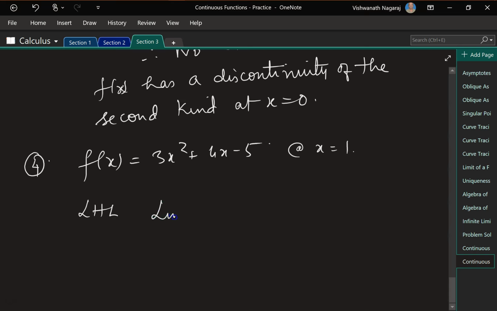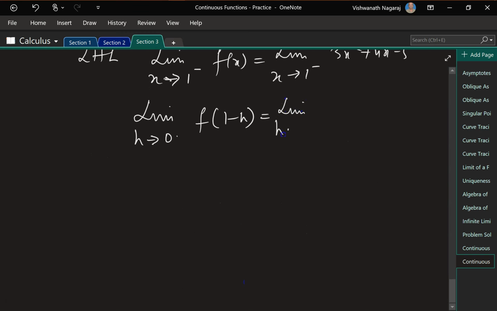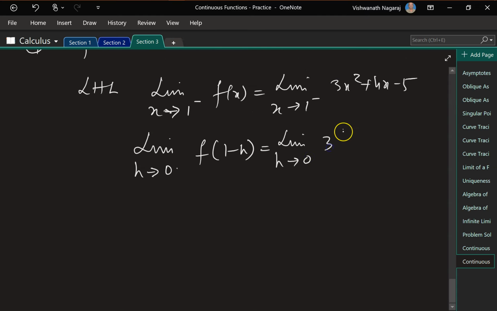Limit as x approaches 1 from the left hand side of f of x is equal to the limit as x approaches 1 from the left of 3x square plus 4x minus 5, or we can say limit as h approaches 0 of f of 1 minus h, limit as h approaching 0 of 3 times 1 minus h square plus 4 times 1 minus h minus 5.